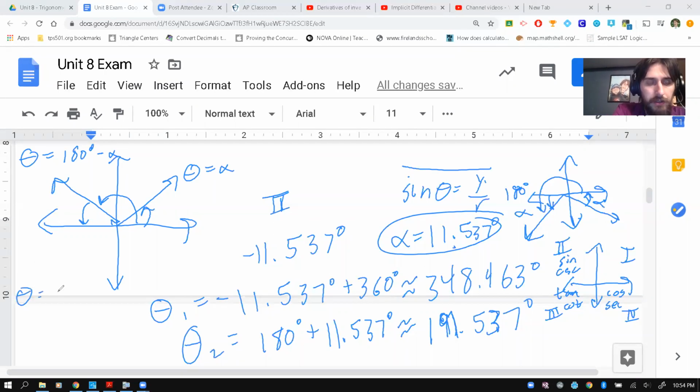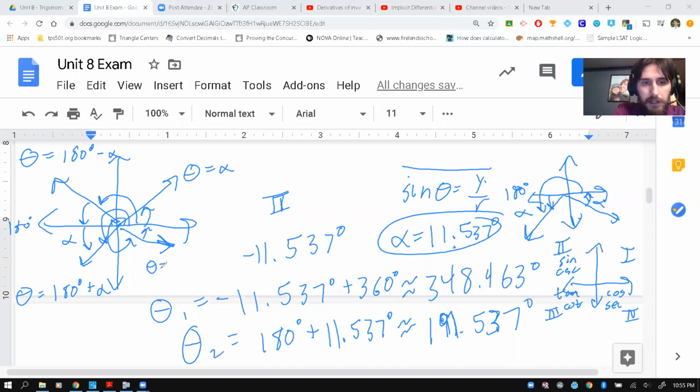In quadrant 3, your angle is 180 plus the reference angle, right? We just did that. This angle right here is 180 degrees plus this reference angle, or this little bit right here. And then in quadrant 4, we can do a similar trick. It's almost all the way to 360, but it falls short by this little bit.